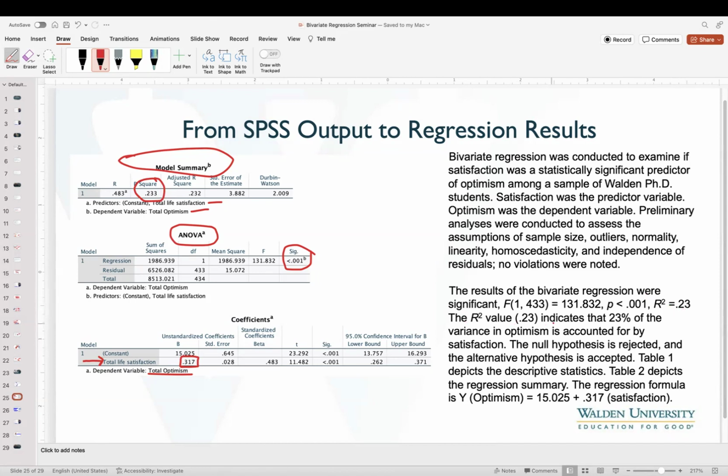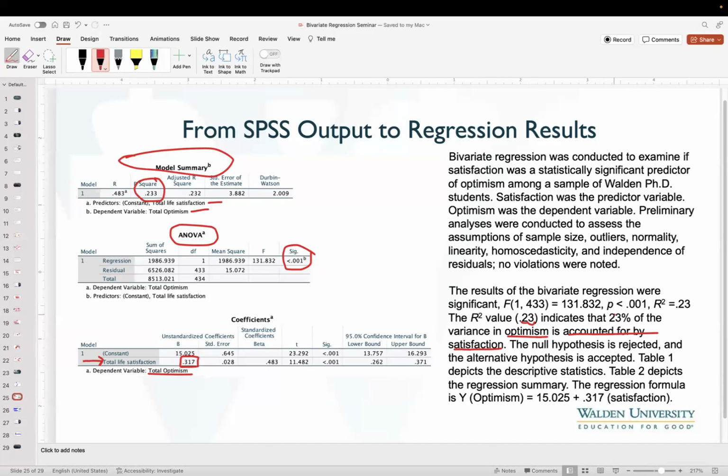What that indicates is that 23% of the variance in optimism. And what we do is take that and turn it into a percent by just moving the decimal place 2 places to the right. It indicates that 23% of the variance in optimism is accounted for by the satisfaction variable.